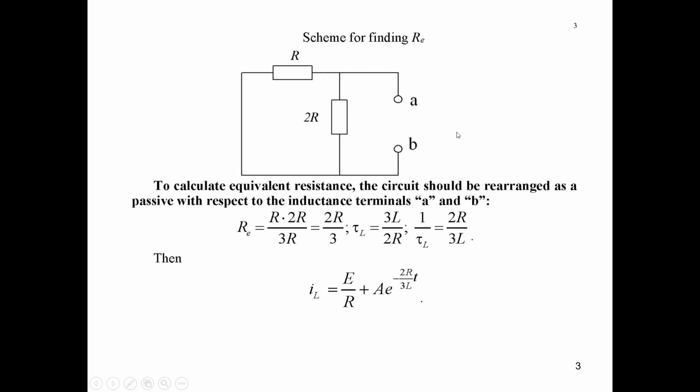then this 2R, and this R. And it is rather easy to determine the equivalent resistance relative to these clamps, because we have two resistances connected in parallel. So their equivalent resistance will be the product of these two resistances R and 2R over their sum, 2R plus R, over 3R.